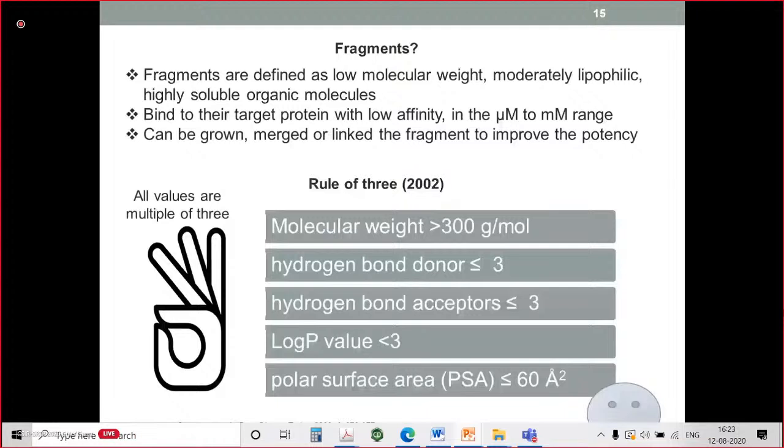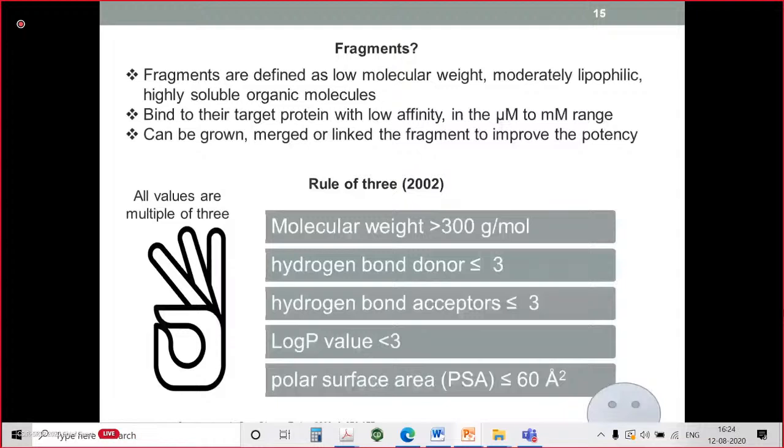Why is water solubility so important? Because these fragments have low efficacy, so we try to test them at a higher concentration. If they do not have good solubility in water, the screening would be difficult.